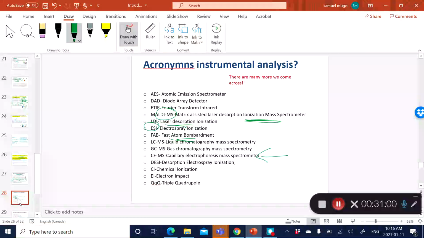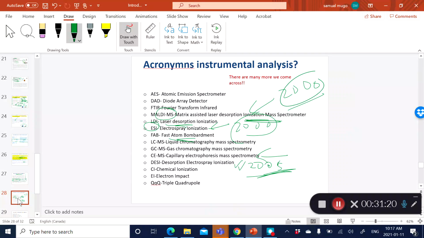DESI is actually a very new technique, possibly only developed around 2005 or thereabouts. Again, MALDI was developed around 2000. So these are very, very new techniques. ESI was developed again around 2000. The gentleman who did that actually got a Nobel Prize.